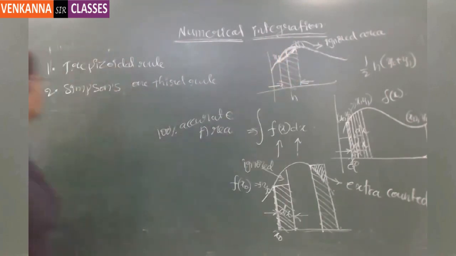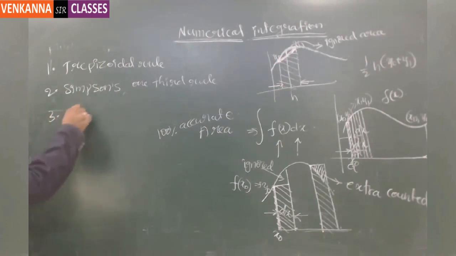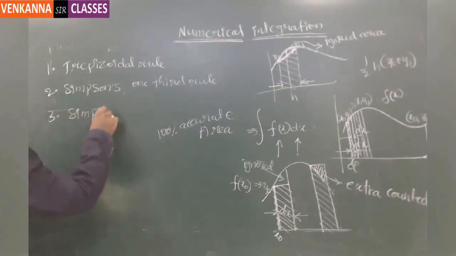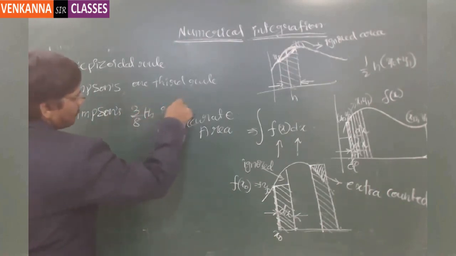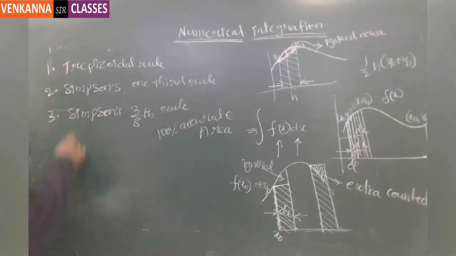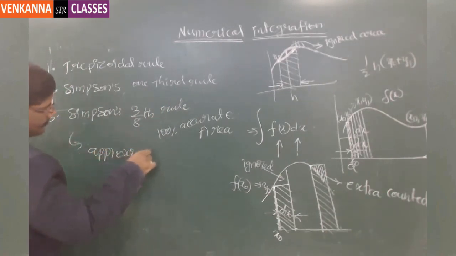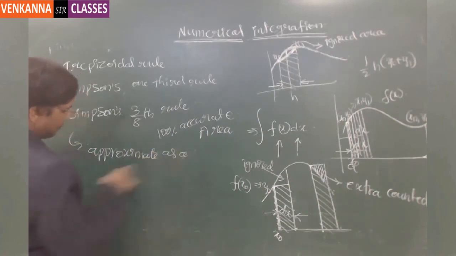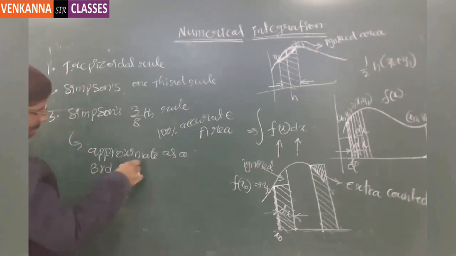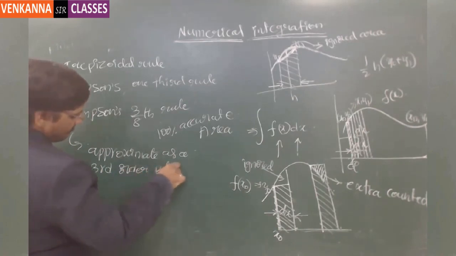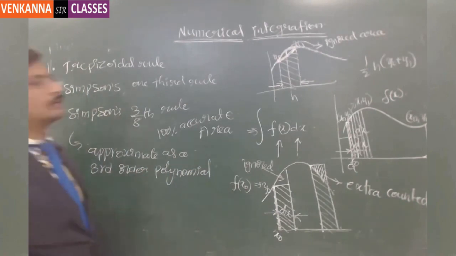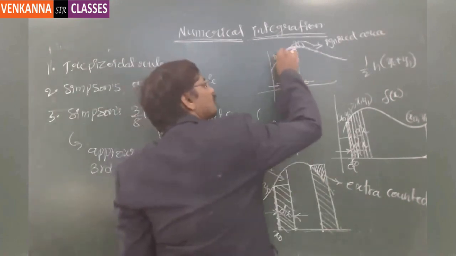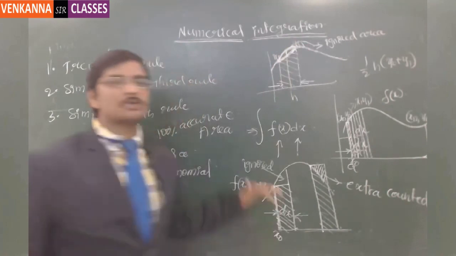In the third case, Simpson's 3/8 rule, we approximate as a third order polynomial, which will closely trace this particular curve, because you are approximating as a polynomial.